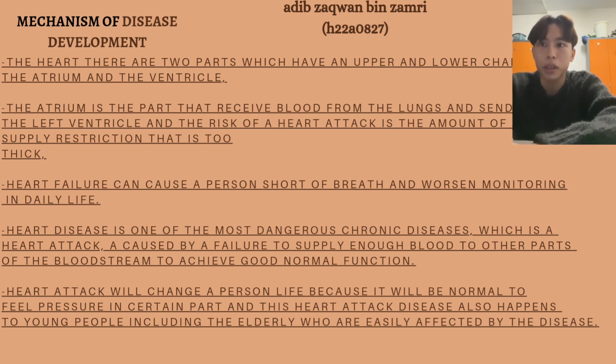The atrium is the part that receives blood from the lungs and sends it to the left ventricle, and the risk of a heart attack depends on the amount of blood supply restriction, the amount of muscle that is affected, and the area of the body that the heart affects a lot.